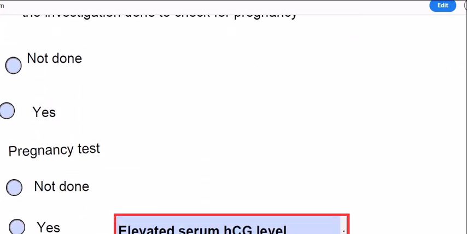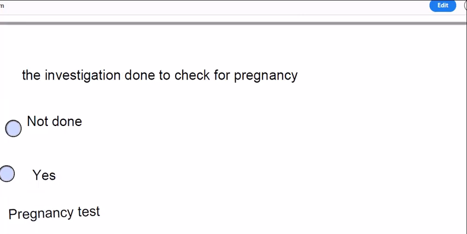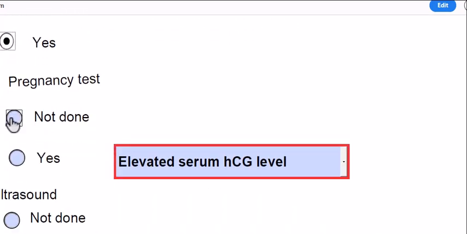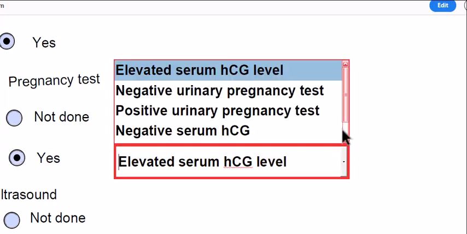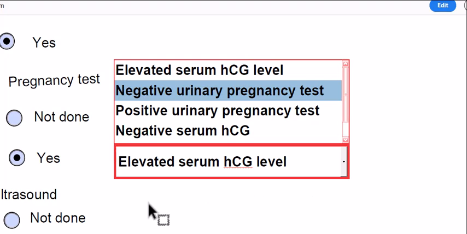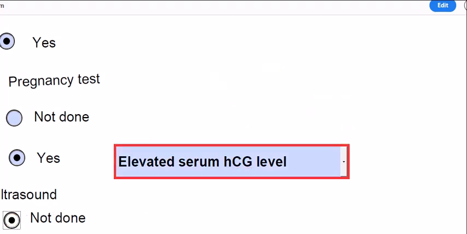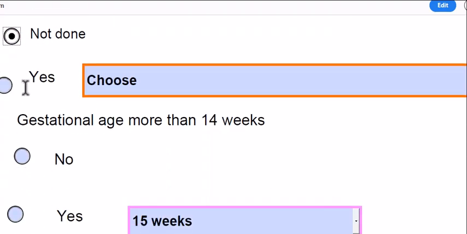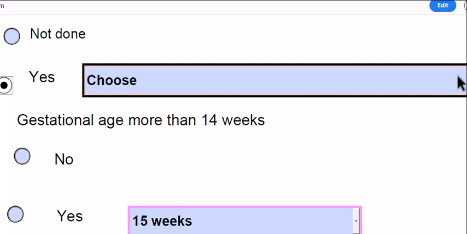Then also check whether the patient has had any investigation for pregnancy or not. Was a pregnancy test done or not, was there a serum pregnancy test, and what are the ultrasound findings if she has ultrasound findings.